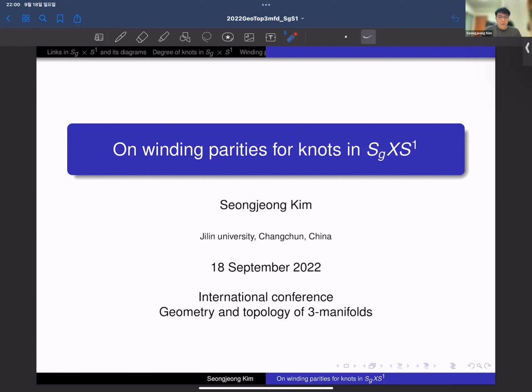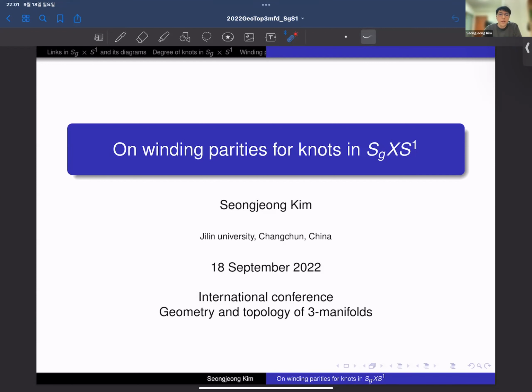I will talk about knots in oriented surface times S1. Roughly speaking, knots in surface times S1 are a kind of modification of virtual knots, because virtual knots can be considered as knots in a thickened surface, meaning an orientable surface times the [0,1] interval.